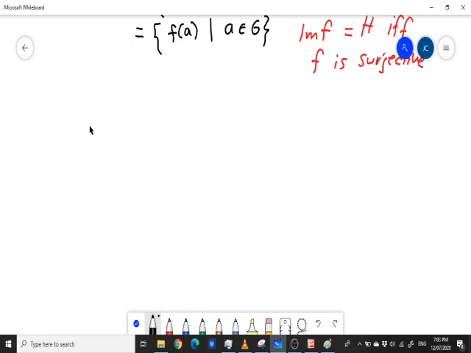So, meron kang group G. Tapos, si G, meron siyang subgroup H.